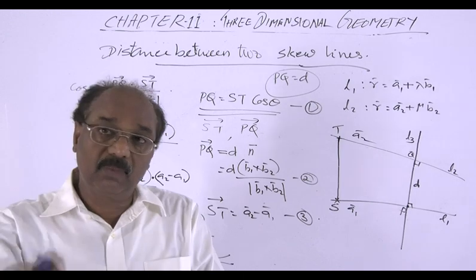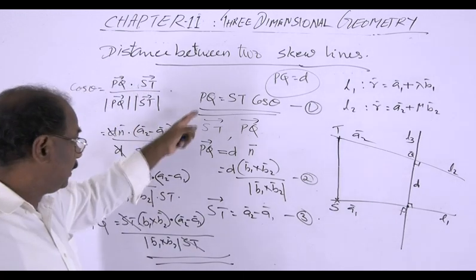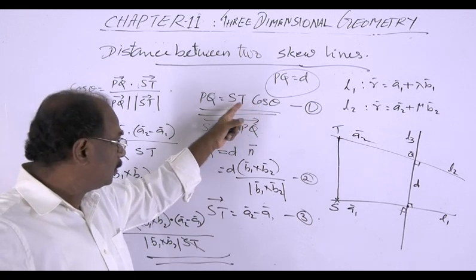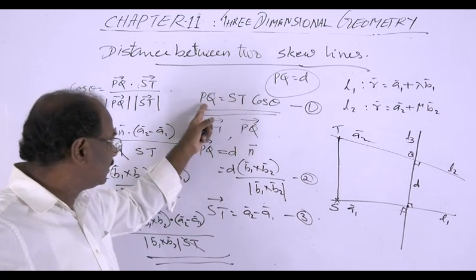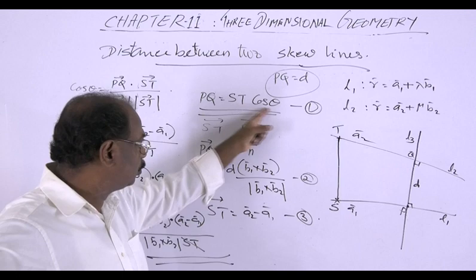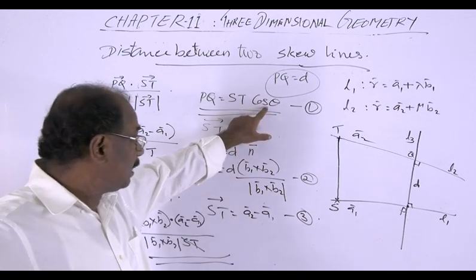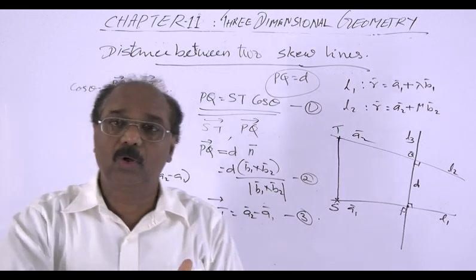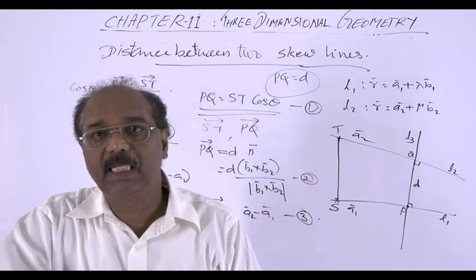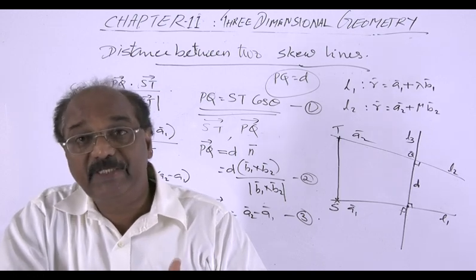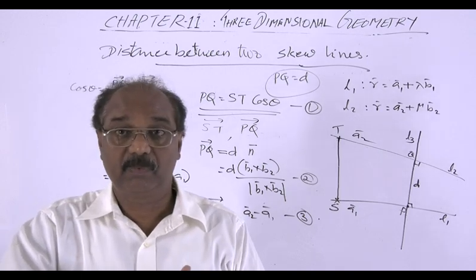Remember PQ is equal to ST cos theta. Since PQ is a distance, always choose the right side as a positive value. Depending upon theta, sometimes cos theta may be negative. In that case, always choose its positive value.